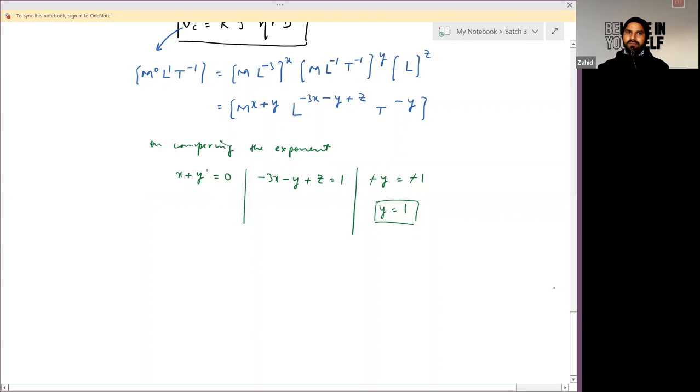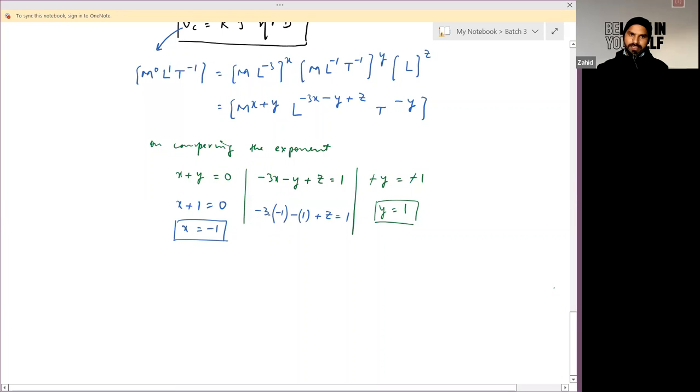If you put the value of y in this first equation, it will be x plus 1 equals 0. So on moving 1 to the other side, x will be minus 1. Now put the values of x and y in this middle part: minus 3 times x, which is minus 1, minus y, where y is 1, plus z equals 1.